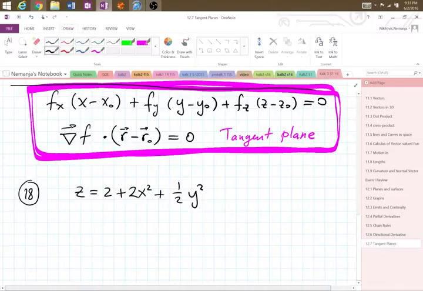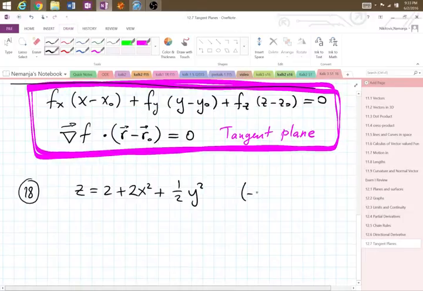And we want to find the tangent plane at the point (-1/2, 1, 3). So clearly, the point (-1/2, 1, 3) is the only point that the plane and the surface would share.